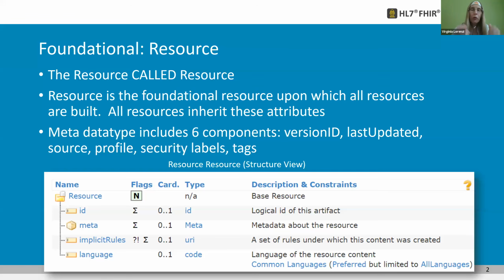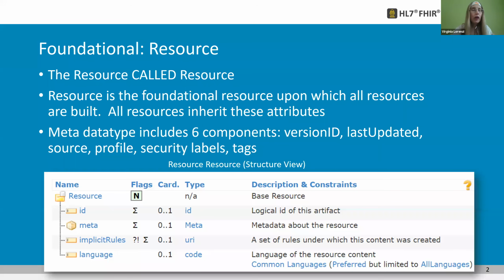So you'll see below the structure view of the resource, and it consists of 4 elements: ID, meta, implicit rules, and language. And then I want to point out that meta actually has a complex data type, capital Meta, which adds another 6 components: version ID, last updated, source, profile, security labels, because you can actually label each resource based on the security you need to put on that resource, and tags.